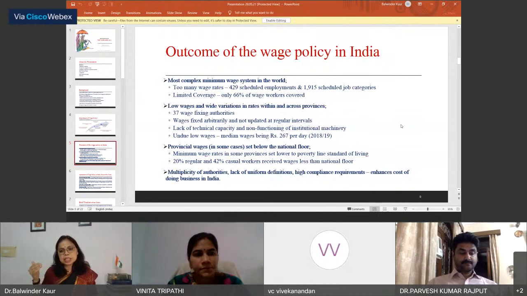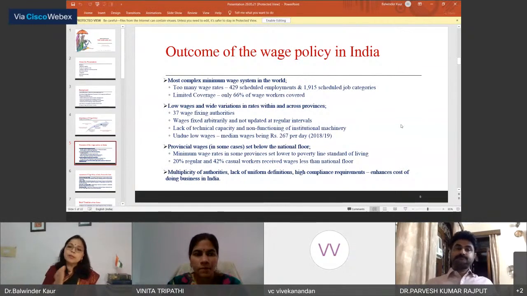Then the unorganized workers were excluded from the wage legislations which we were having. So what I am trying to explain is that it is not that all the workers were covered by the Minimum Wages Act, the Payment of Wages Act or the Payment of Bonus Act. Only 66% of the workforce was covered by these laws.